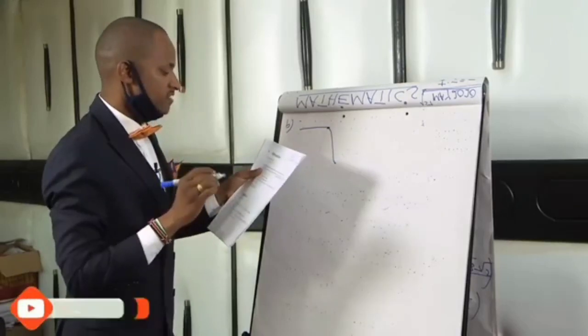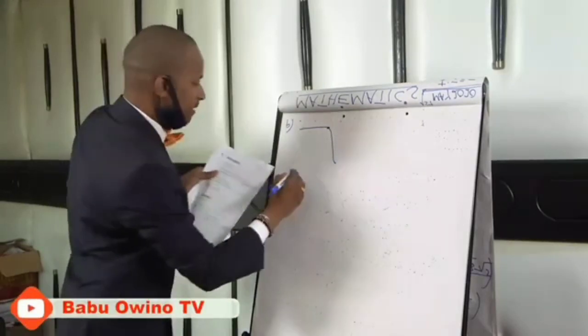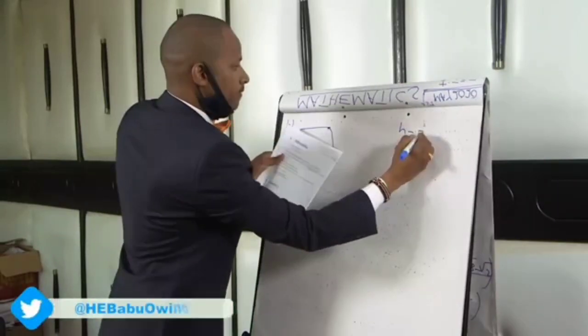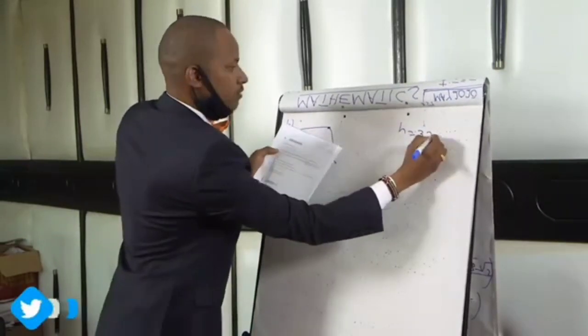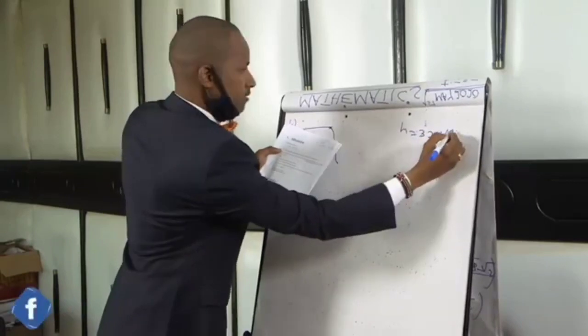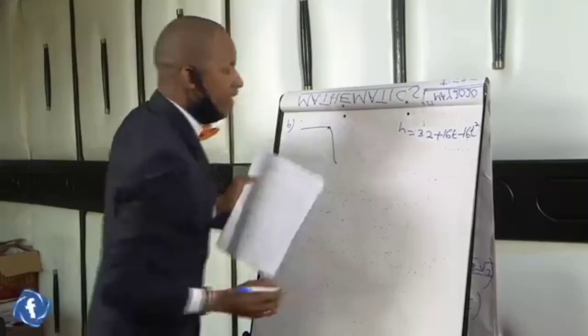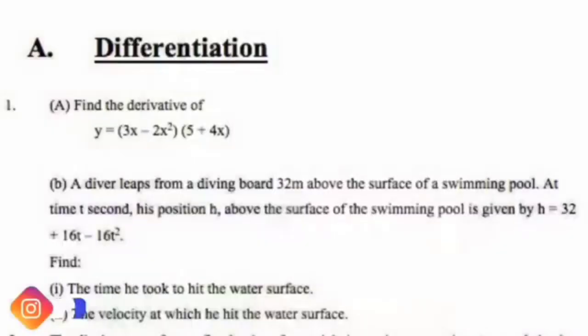h above the surface of the swimming pool is given by h equals 32 plus 16t minus 16t squared. Now, the first part of this question wants, find the time it took to hit the surface of the water.